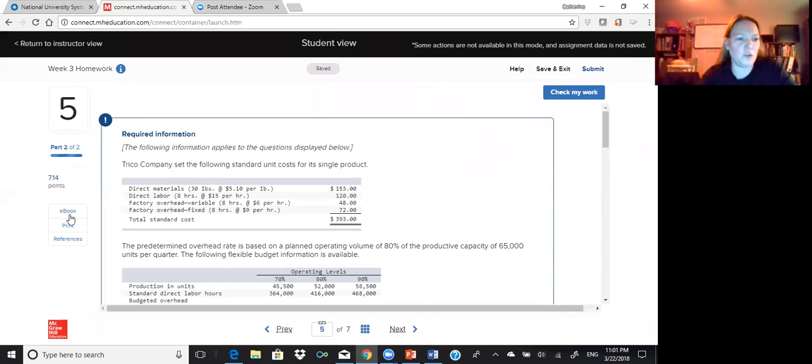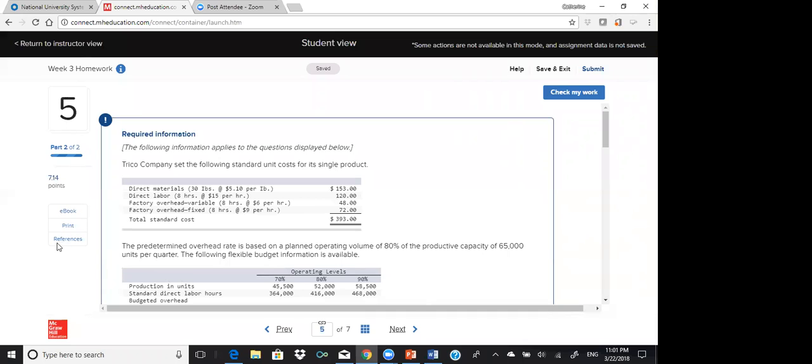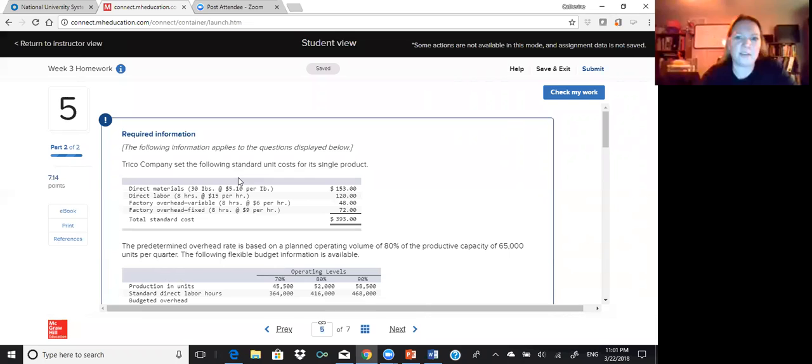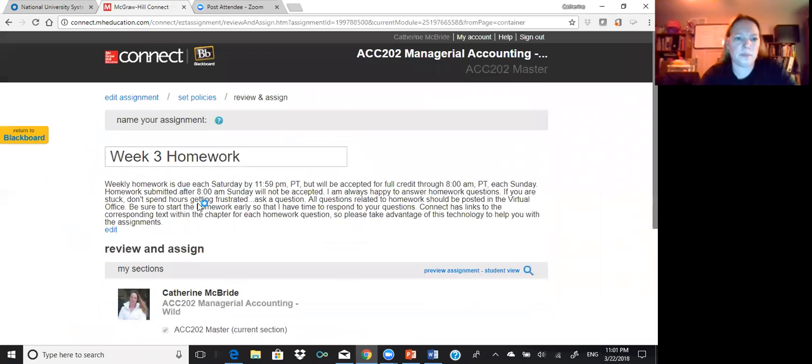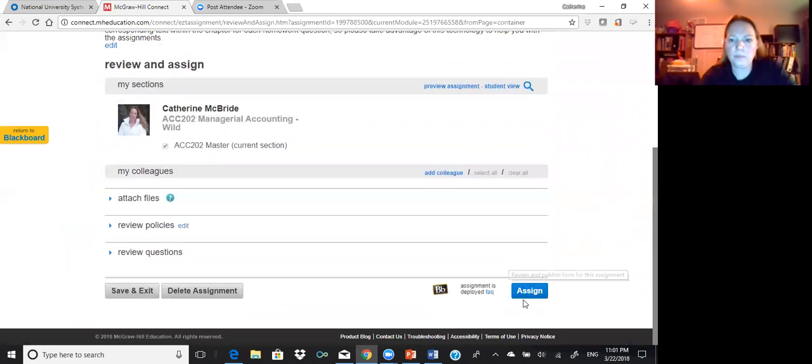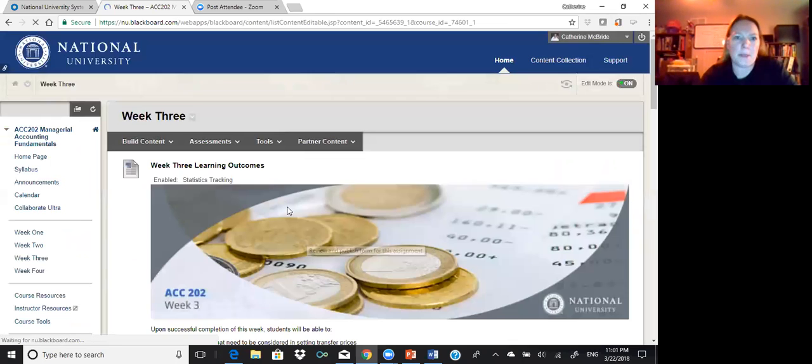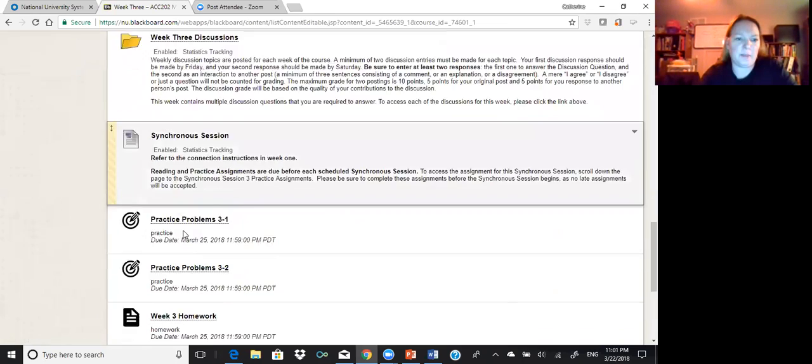So where does hint usually show up? Okay. Down to the side where ebook and print is. Over here? And it's still not saying that, is it? Let's see. Oh, that's why. Now let's see.